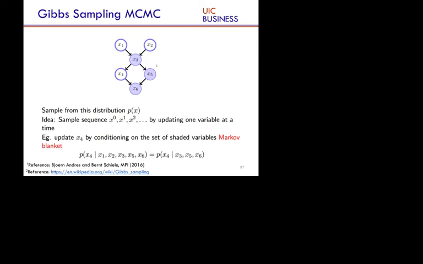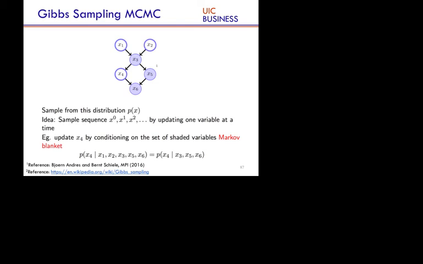And the idea is as follows. It just samples a sequence of realizations. See this index at the top, the superscript. By superscript, I'm just saying that these are samples. So x0 is a realization of a 6-dimensional random vector. x1 is a realization of a 6-dimensional random vector.